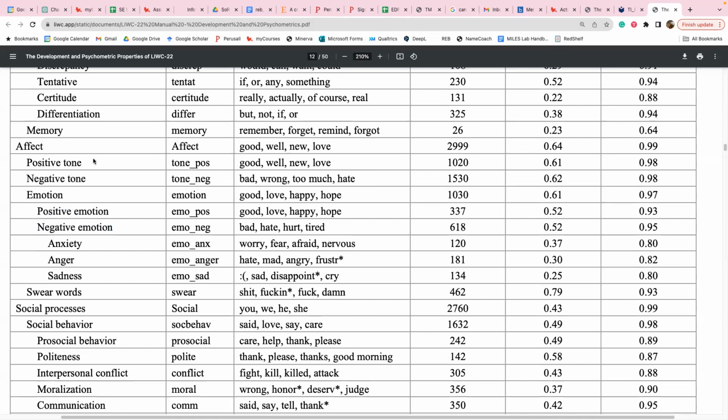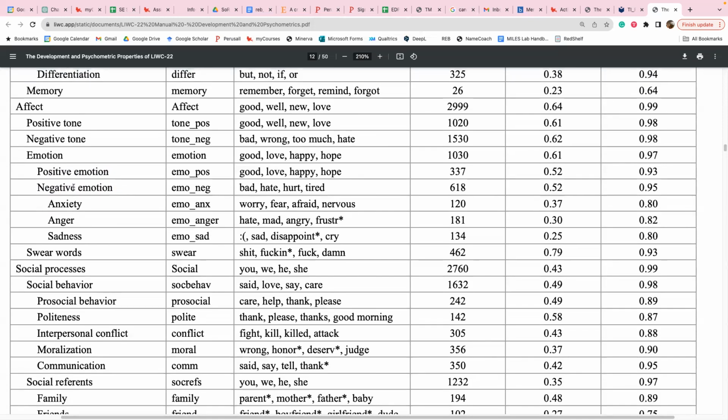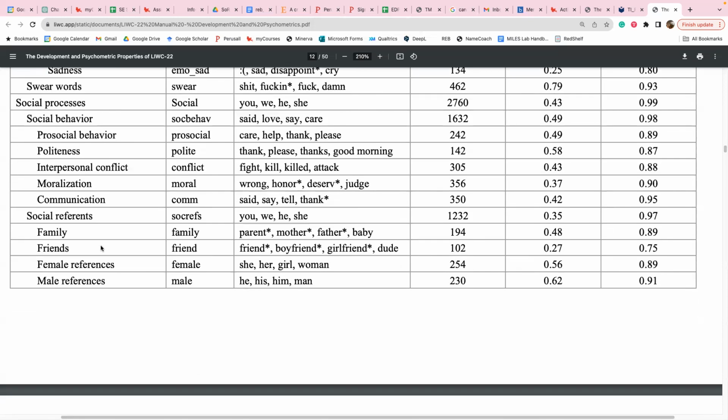But then they also do positive tone, words that are positive in meaning but don't necessarily connect to an emotion word. What's interesting is it has a positive emotion and a negative emotion, but the negative emotion has specific examples, but the positive emotion does not. I like that they gave you examples of swear words in case you didn't know what those were.